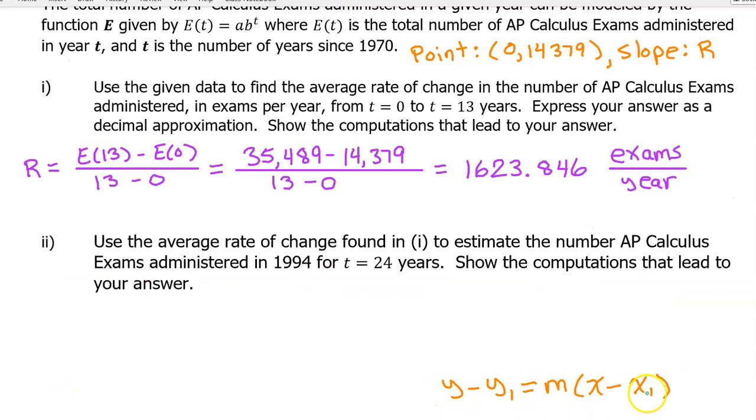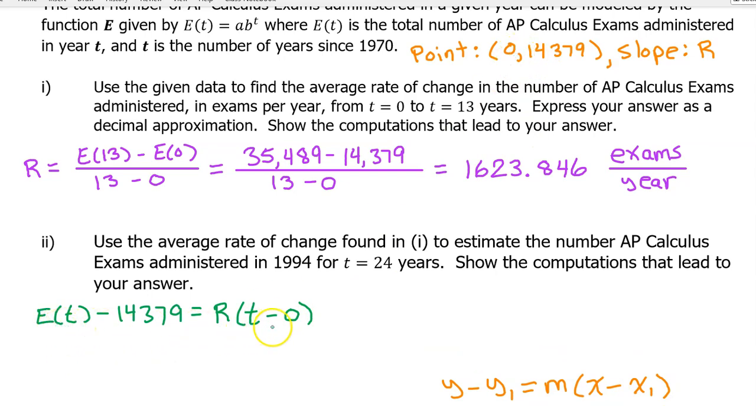Point-slope form looks like this, but we need to use the variables given to us in the setup. So instead of y, we will write E of t. So y minus y1 becomes E of t minus 14,379. And then the slope is r. And x minus x1 becomes t minus 0.